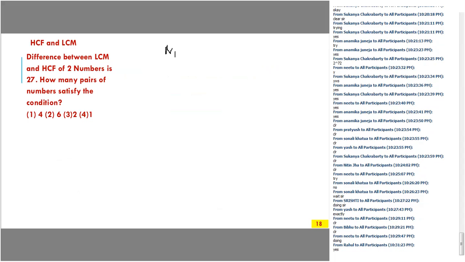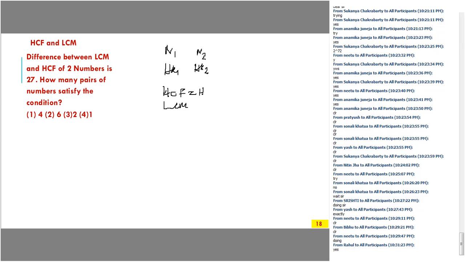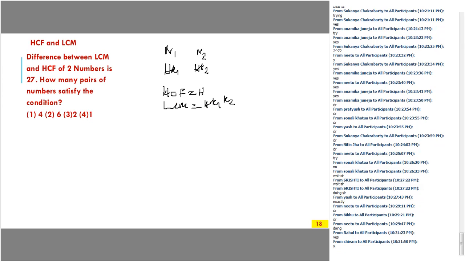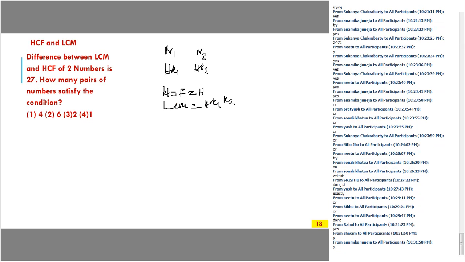What is N1? In the previous class, I said N1 can be written as HK1, and N2 as HK2. You remember we have done this in the last class? So K1, K2 must be co-primes.